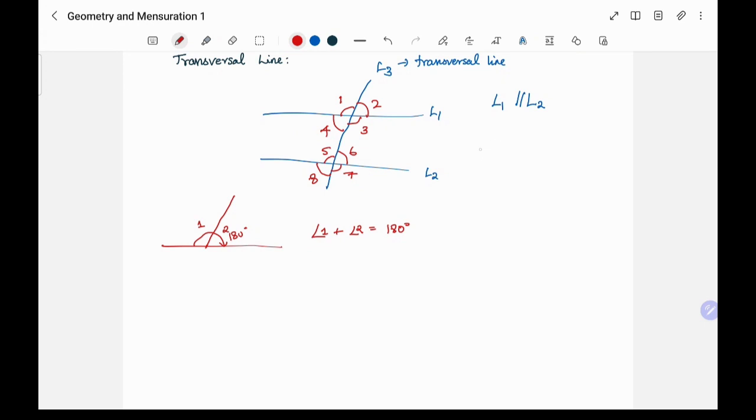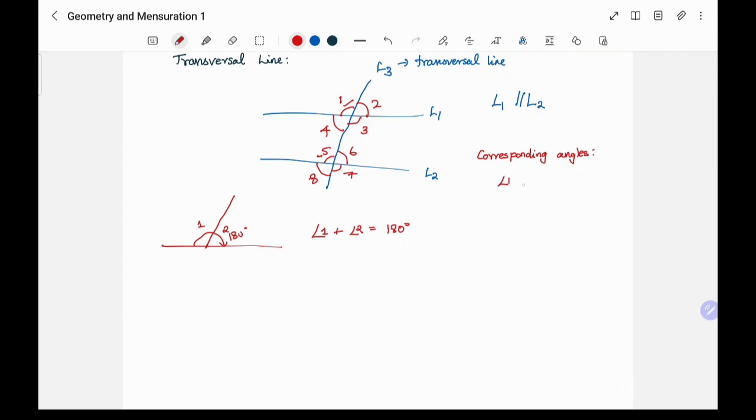So there are special names for these angles, called corresponding angles. So what are corresponding angles? Angles 1 and 5, you see they correspond to each other. Here it is above line L1 and to the left of L3. Here also it is above line L2 and left of L3.